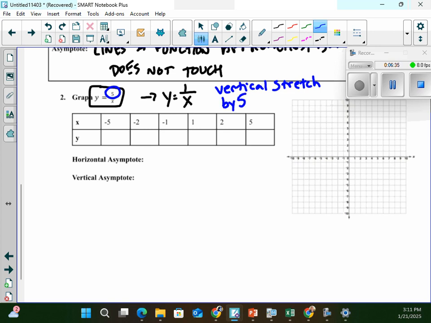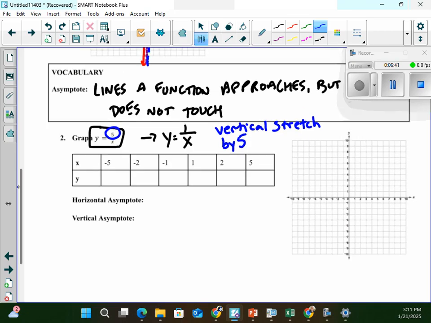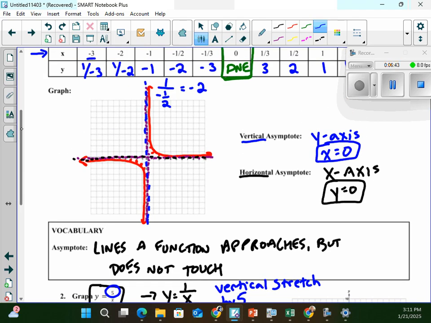Now, if you recall from earlier sections when working with parent functions, we always like to look at specific points. From your parent function, you want to be able to remember the following 2 points: the ordered pair 1, 1, and the ordered pair negative 1, negative 1.